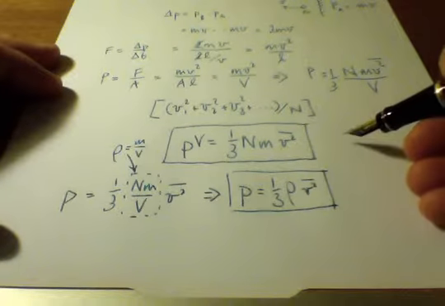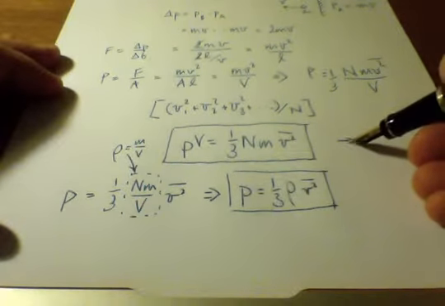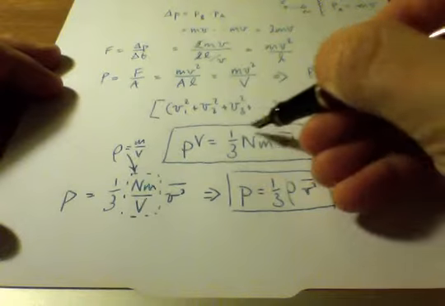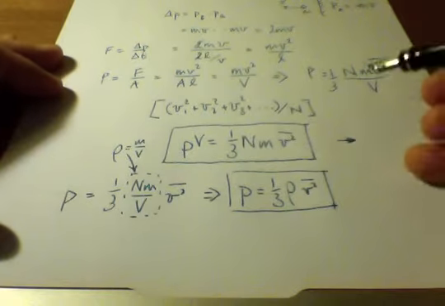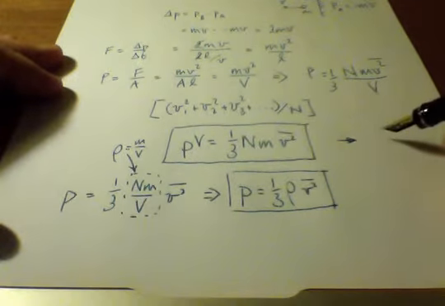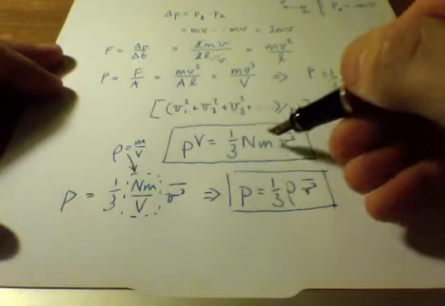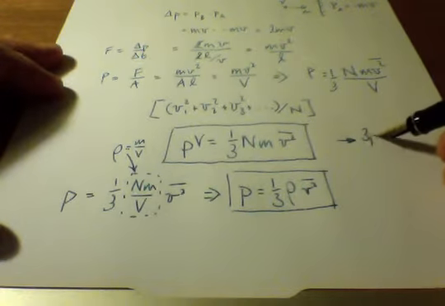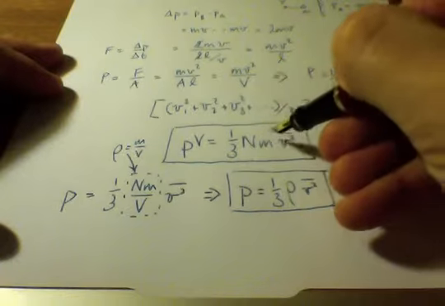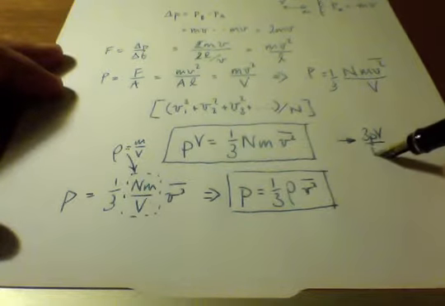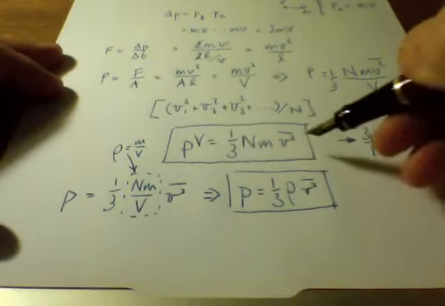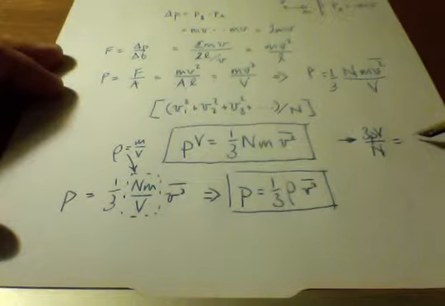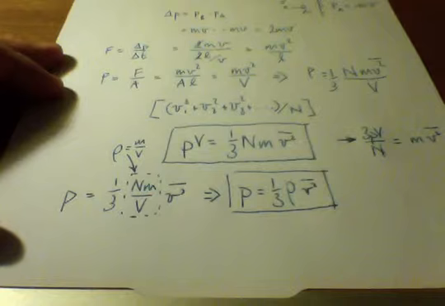And then finally, it's not too hard to see that in rearranging this equation, let me rearrange it to this form. I bring the 3 up and I move the N down, and that gives me m v bar squared.